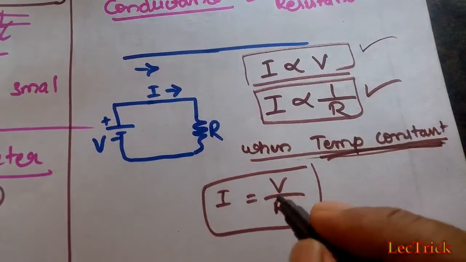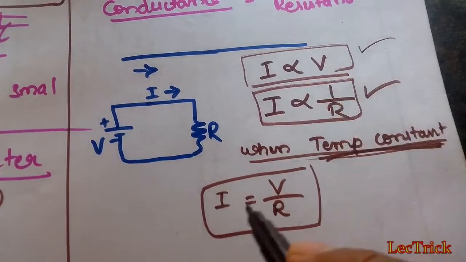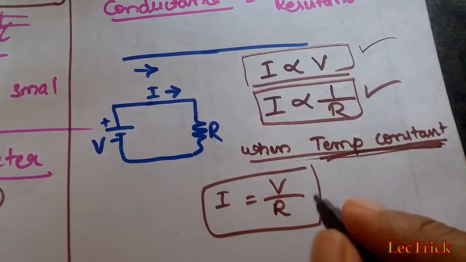If we consider these two relations, we write I is equal to V by R.